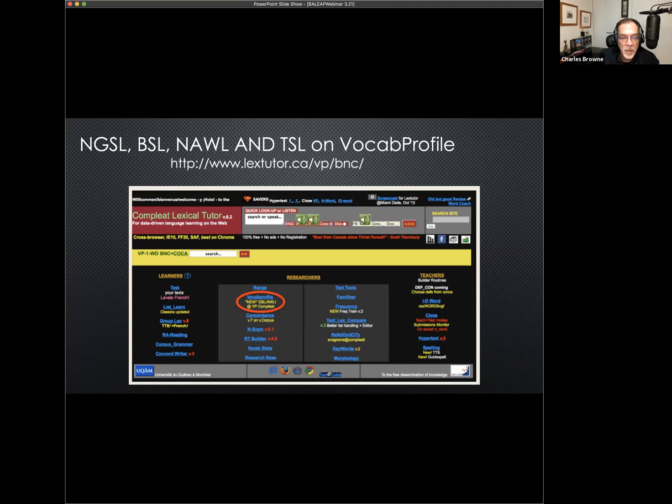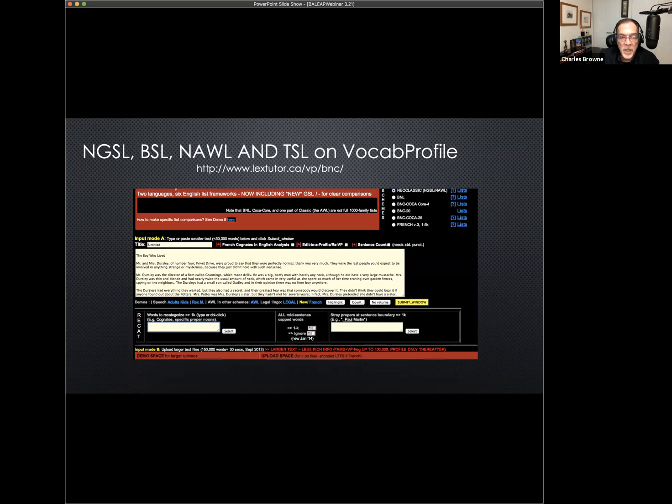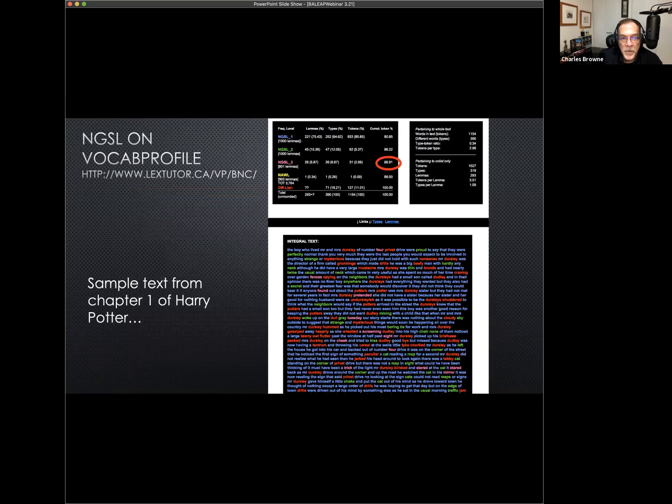But if we click on Vocab Profile at his website, Complete Lex Tutor, you get an open box, and I've just popped Harry Potter into there as well. At the top right, you can see NGSL NAWL. We've selected it, and you click the yellow submit window, and you get a nice color-coded readout.